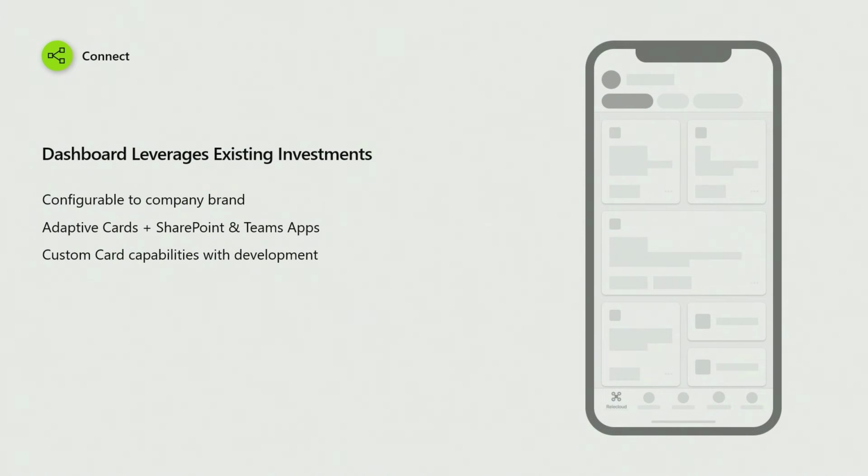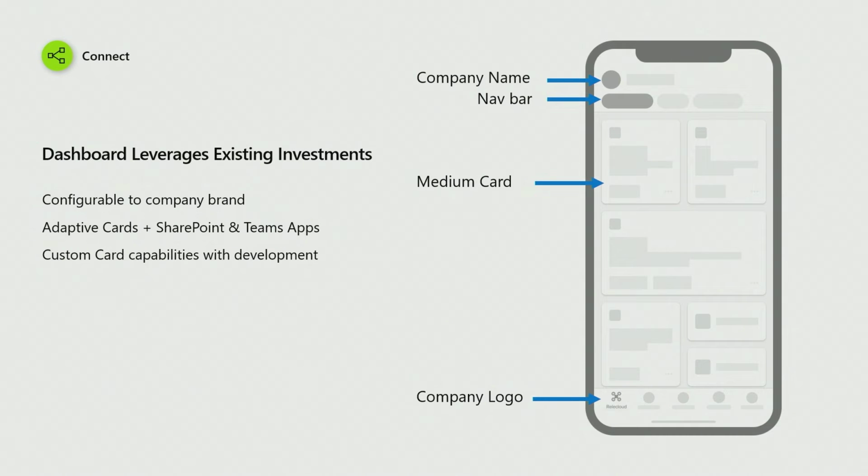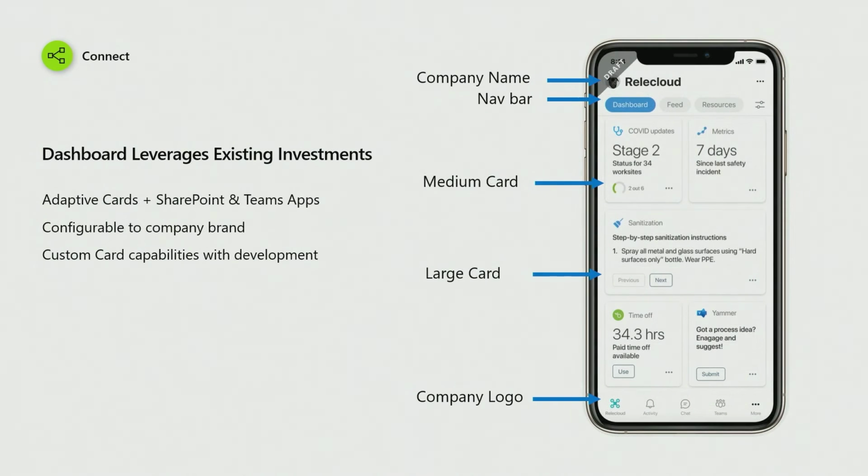As part of the experience, we can personalize and include the company name, the company logos and the brand. We can implement different kinds of shapes and experiences, so there are small cards and larger cards available to take advantage of. And again, you can customize this experience based on your company needs.